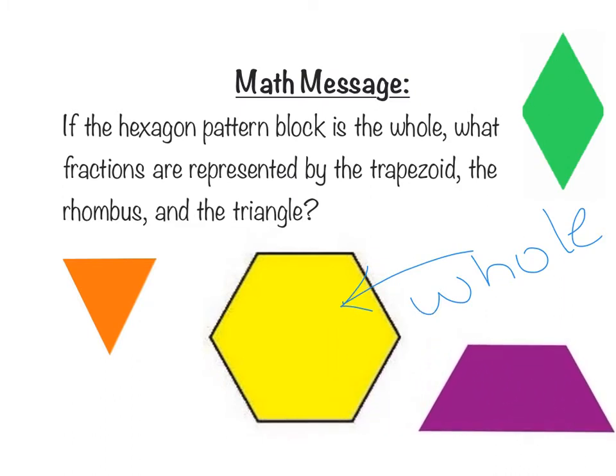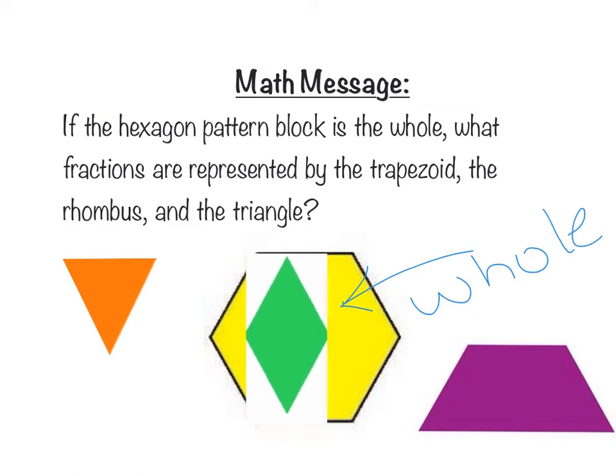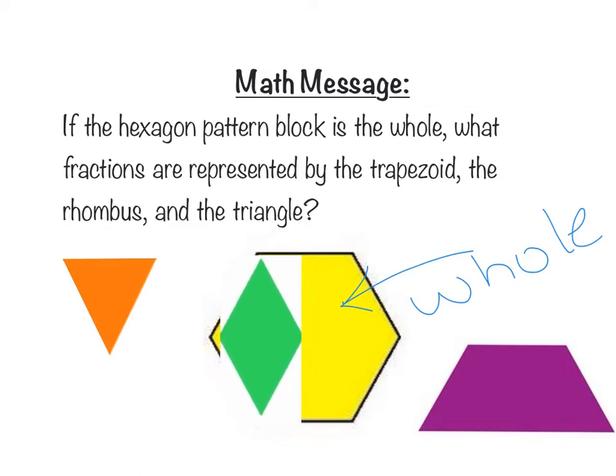What about the rhombus? That would be our green shape right here. And again, you're going to have to pretend that that white part is not there. But if we put this on our hexagon, and it's not exactly the same shape or size, as I look at this shape, I can turn it to fit on there a little bit better.